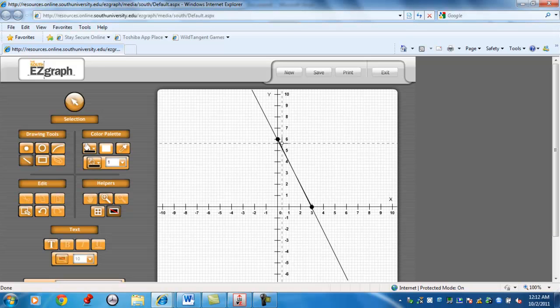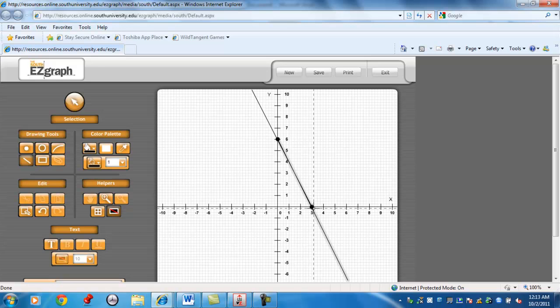The next thing we need to do is determine the rate at which the line is going down, or the steepness of the slope. Now, if I went from 0, 6 to 3, 0, in order to determine the slope, I could show that my line is going down 1, 2, 3, 4, 5, 6, and then over 3. 1, 2, 3. Generally, when I'm trying to determine what the slope is between 2 points, I usually go either up or down.